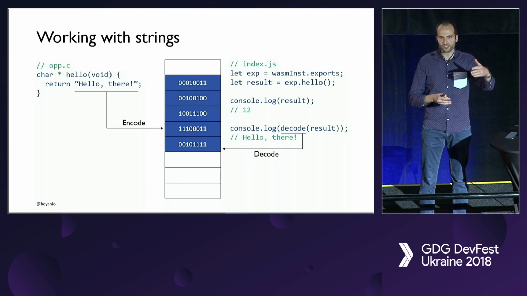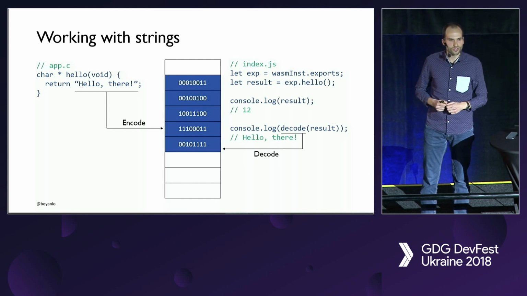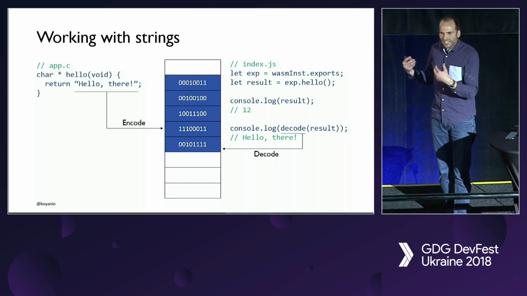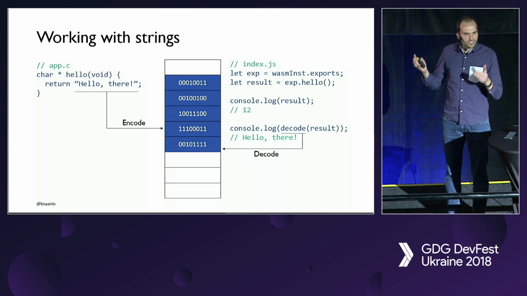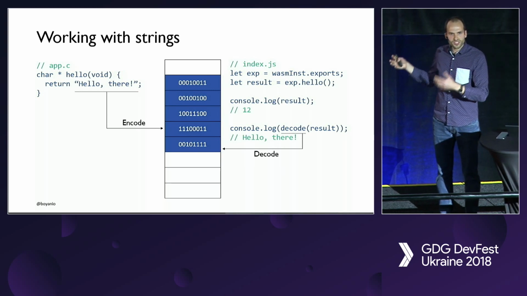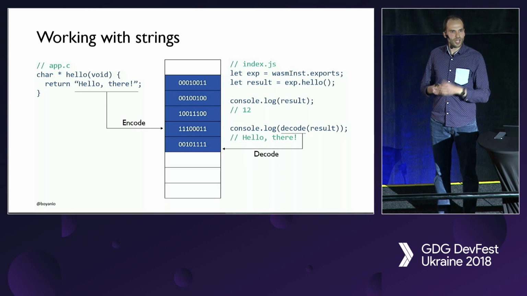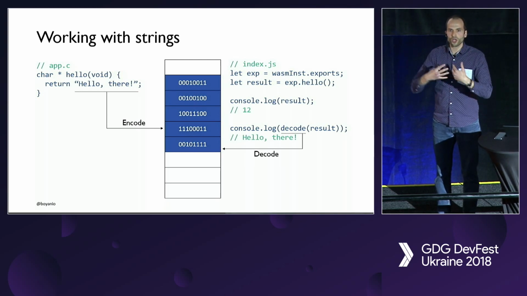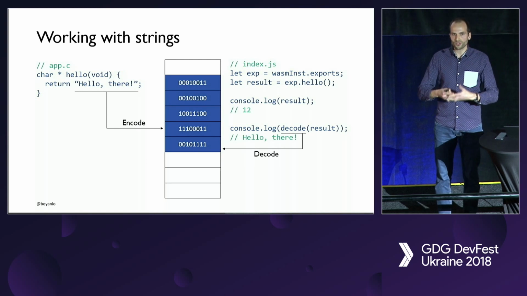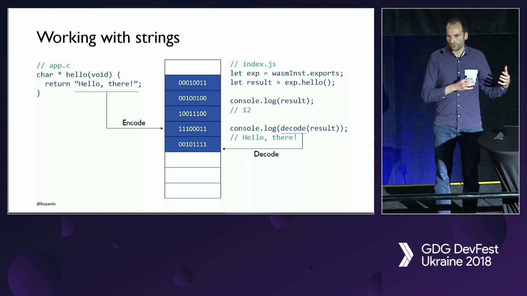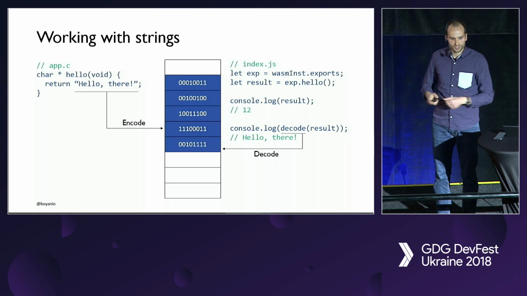And then you have to go there, decode this, and use the string for whatever you need. It's kind of tricky to do this, especially if you have a lot of strings. But fortunately, if you use Emscripten to compile, it gives you these things out of the box. So it gives you a lot of tools in JavaScript directly to work with your WebAssembly without you needing to write this code every time.